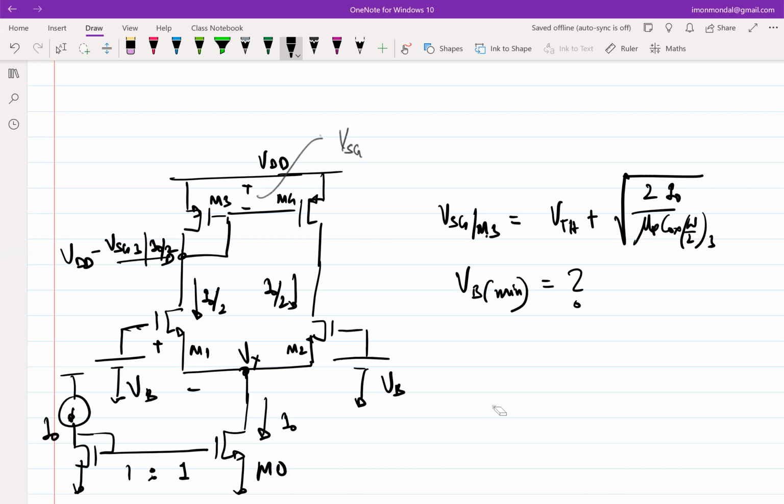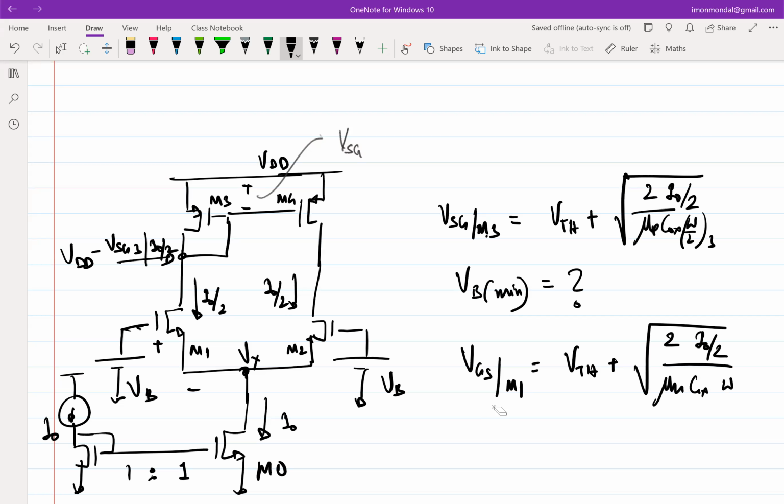So the VGS of M1 is again equal to threshold voltage plus, sorry, this was I naught by 2, right? Square root of 2 times I naught by 2 by mu n Cox W over L of 1. So VGS is VB minus Vx, and this is equal to this stuff.